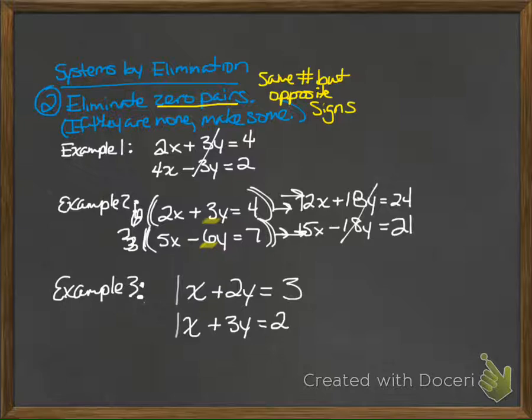Let's look at the x's: the numbers are the same, just not opposite signs. To change it so that one of them is an opposite sign, all you need to do is multiply one equation by a negative, or -1. So we'll distribute that out, and you'll get negative x minus 3y is equal to -2.